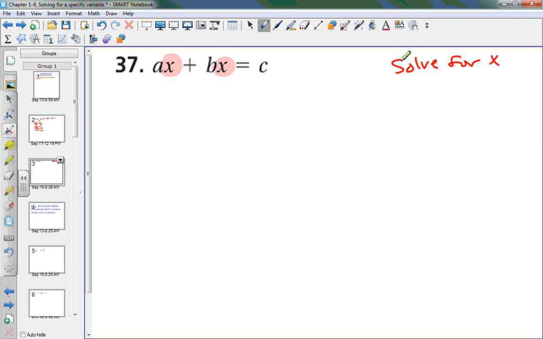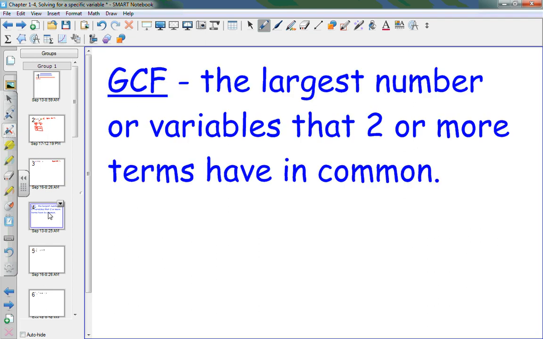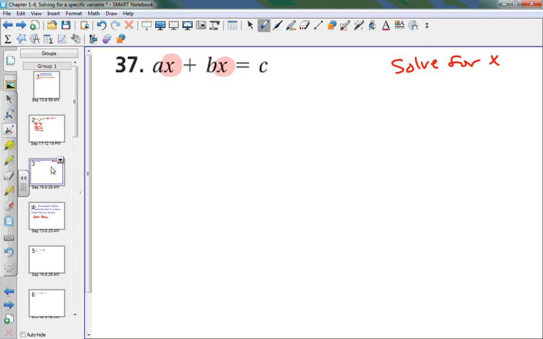Or another way to look at this is to pull out a GCF. GCF is the largest number or variables that 2 or more terms have in common. Whenever I talk about this, I'm going to refer to this as going fishing. Yes, it sounds hickish, but that's what we're going to do. We're going to fish out what is in common with each one of these terms.